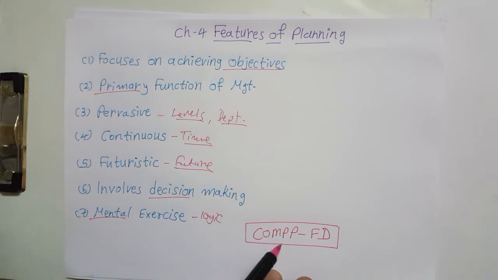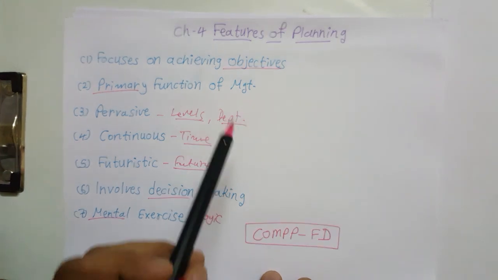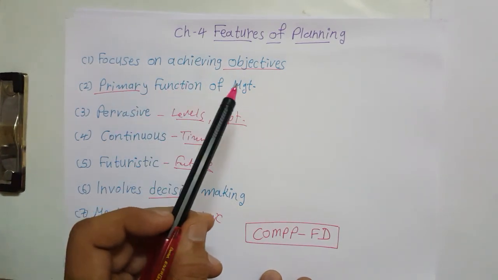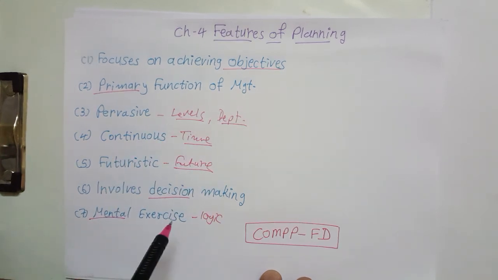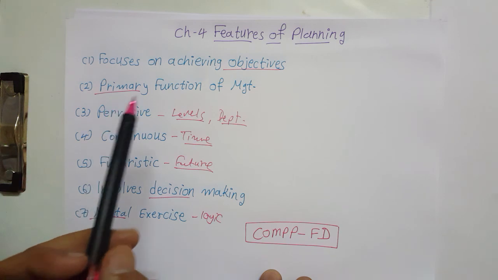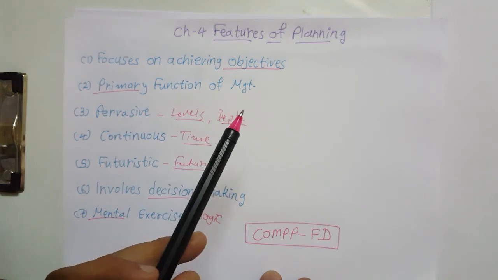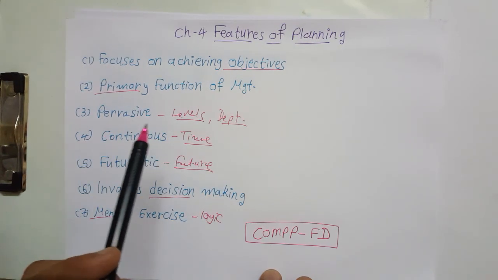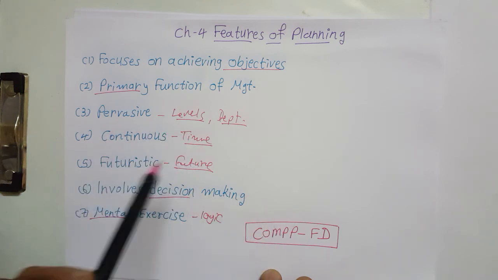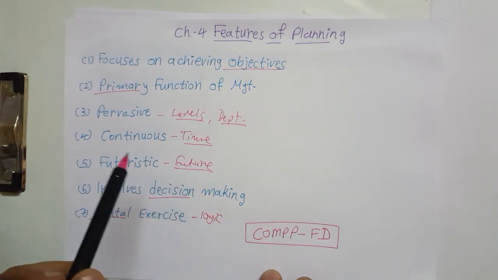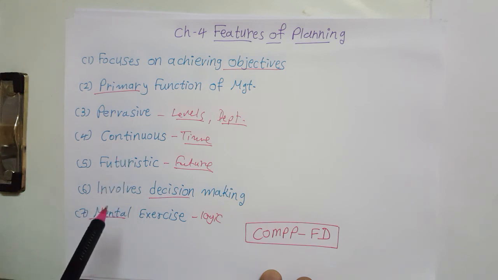O means planning is focusing on achieving objectives. M means it is a mental exercise. P means it's a primary function of management. The other P means it is pervasive, planning is all pervasive. F means it is futuristic, and D means planning involves decision making.